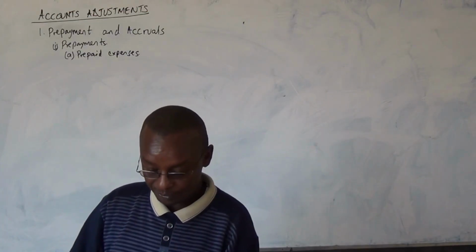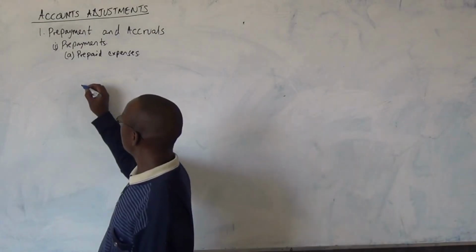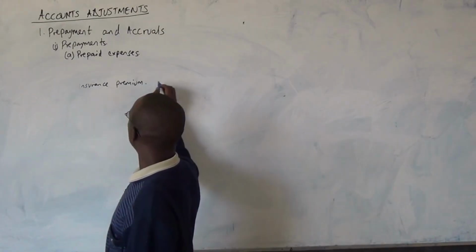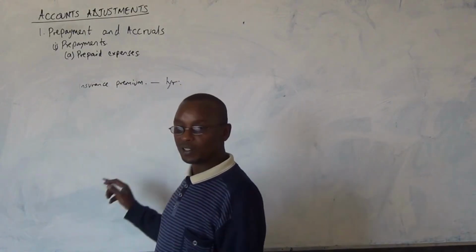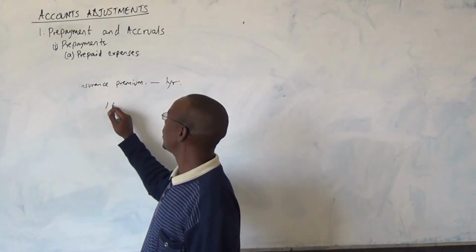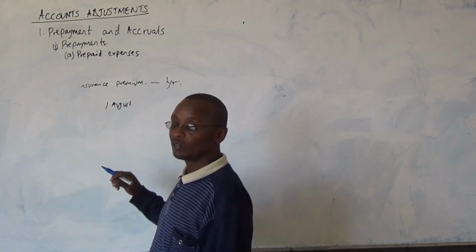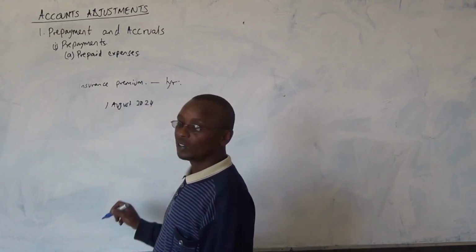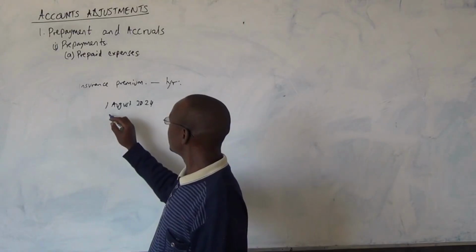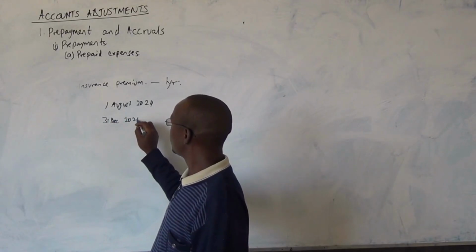An example is when you pay for insurance premiums, maybe for a whole year. You pay this insurance premium on 1st August 2024.